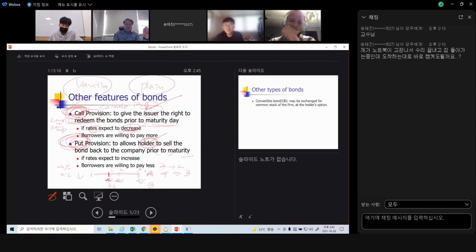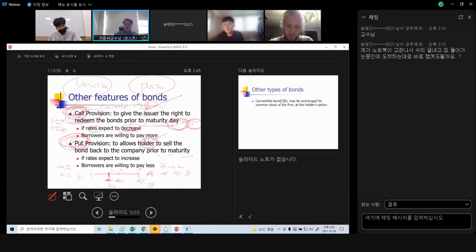Callable bond. Then who has the advantage? Issuer or the investor? Issuer, company or investor? Who has the advantage in a callable bond? Definitely, the company has the advantage over the investor. Then from the point of the investor, there is no way to buy that kind of bond, right? If this bond's coupon rate is the same as the plain bond, investors are not willing to buy that kind of bond.